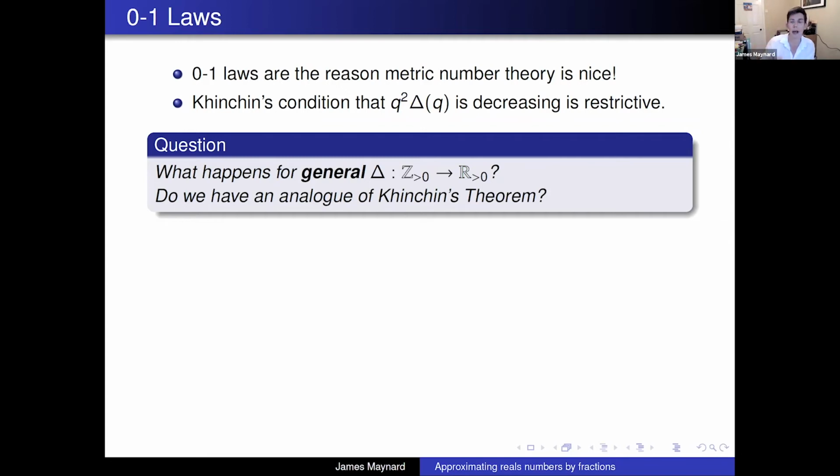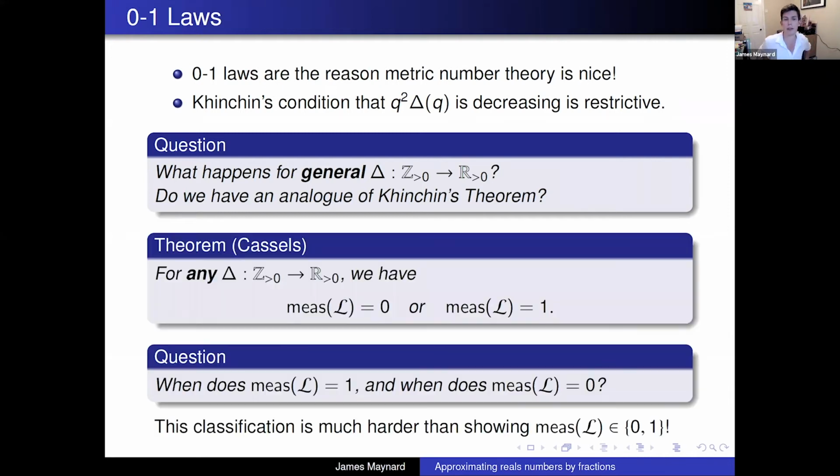So a very natural question is, given that we have this beautiful result when q squared delta q is decreasing, what happens if q squared delta q is not decreasing? Can we get some analog of Hinchin's theorem then? Maybe some really nice 0-1 law where, again, you say almost everything satisfies these approximations or almost nothing, and there's a simple criterion to tell the difference.